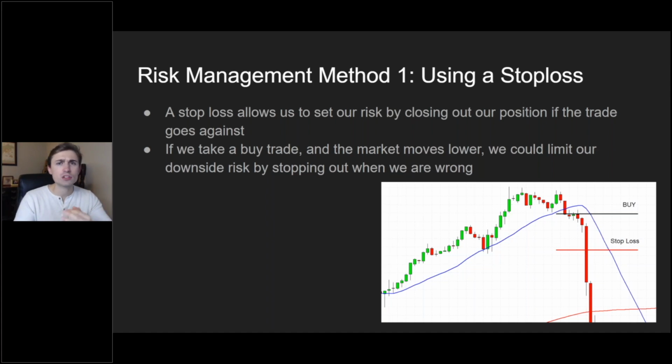Now, there are many ways that you can choose to set stop losses. In fact, you could go into a whole documentary series about how to place stop losses, because you could place stop losses based on average true ranges. You could place stop losses based on moving average reversal triggers. You could put stop losses based on a time constraint.